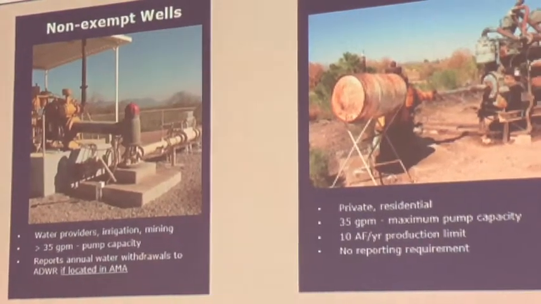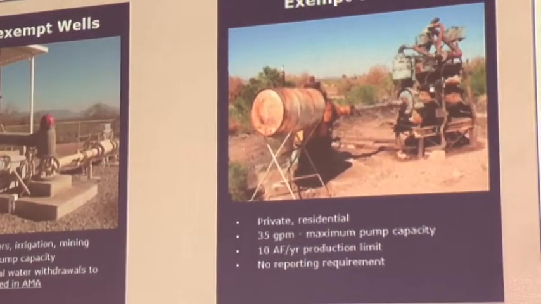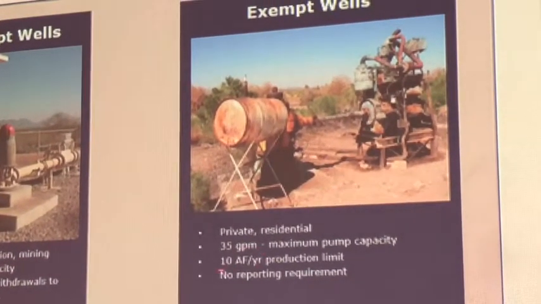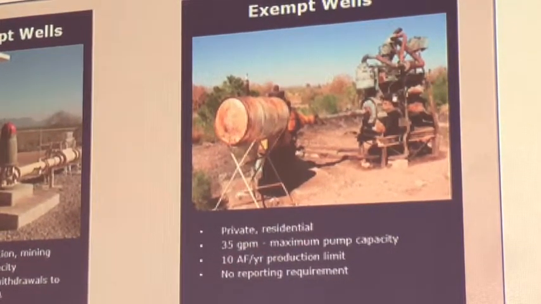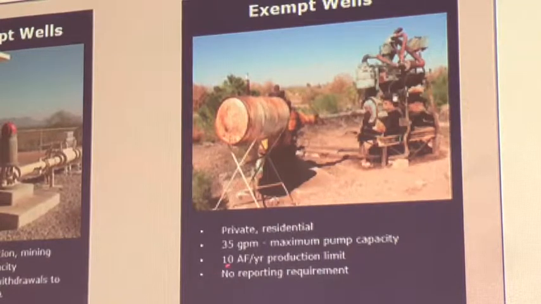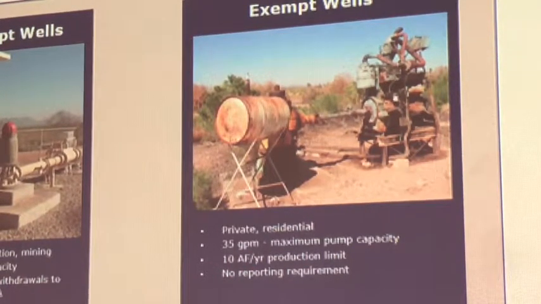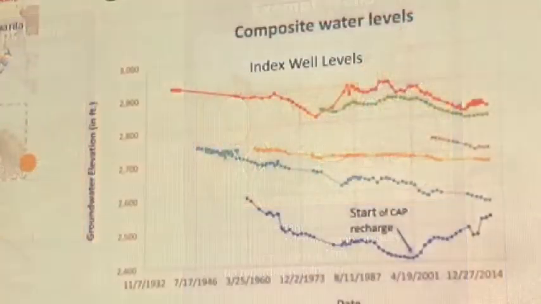And then we have something called exempt wells. These are exempt from reporting. That's why they're called exempt wells. They're generally less than 35 gallons per minute. They have a production limit of, actually, that's not correct, it should be 1 acre foot per year, and there's no reporting requirement.